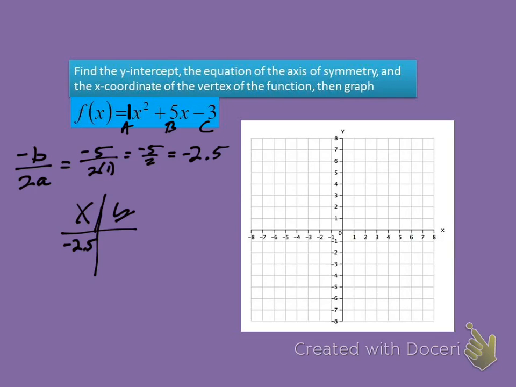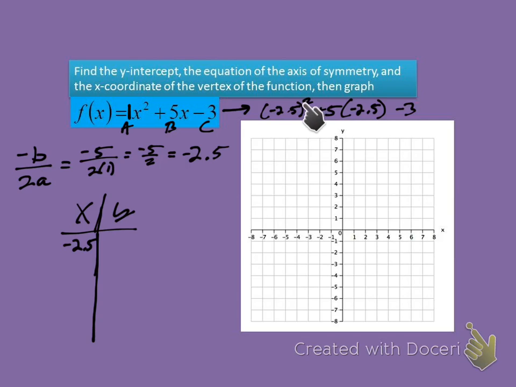Now after that, plug it into your equation: x squared plus 5x minus 3. So negative 2.5 squared plus 5 times negative 2.5 minus 3. If you put that in your calculator just like that, you'll get the right answer.